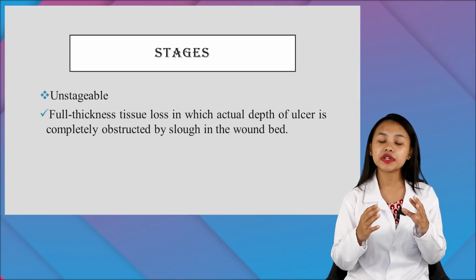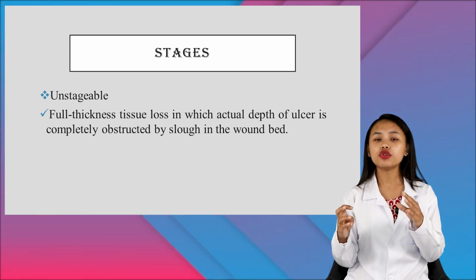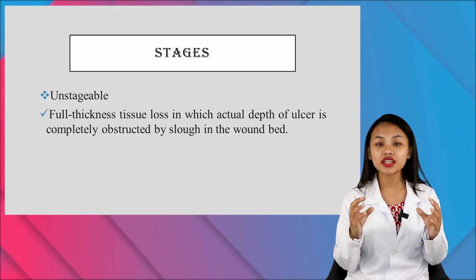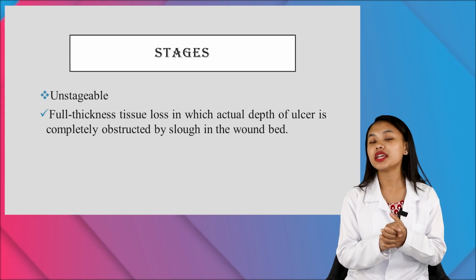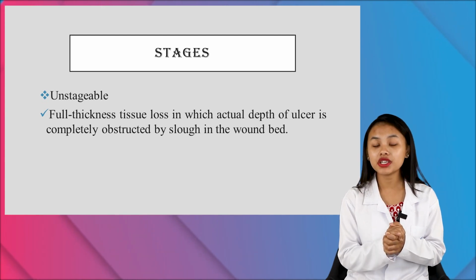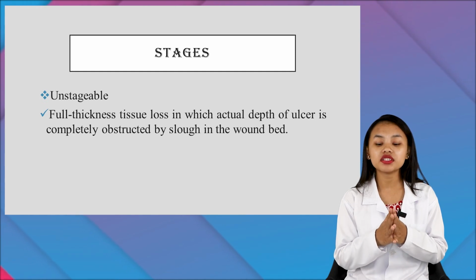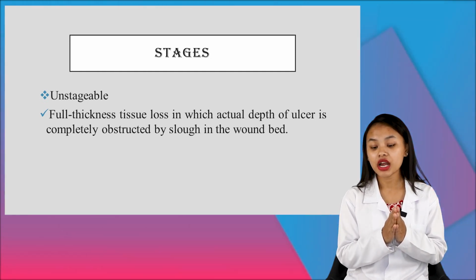So in this stage there will be a full thickness tissue loss, and you will find that the actual depth of the ulcer will be obstructed by a slough or eschar in the wound bed. So here these are the stages of the decubitus ulcer or the pressure sore.